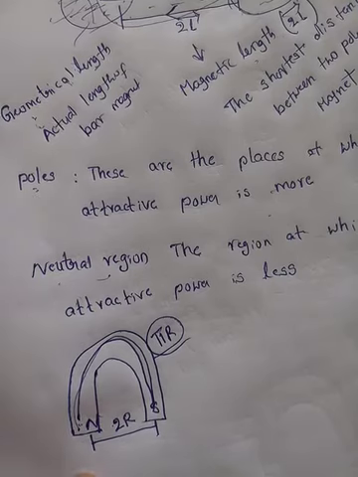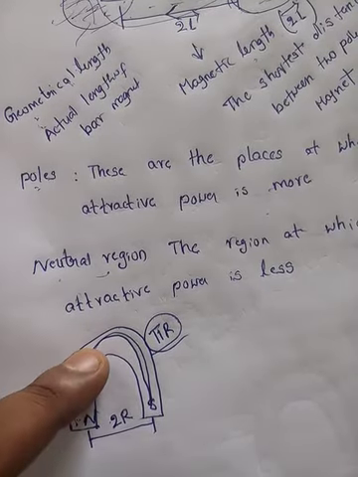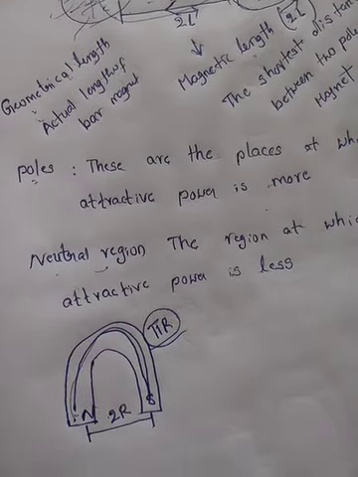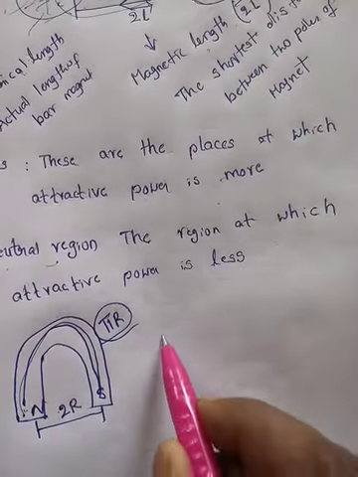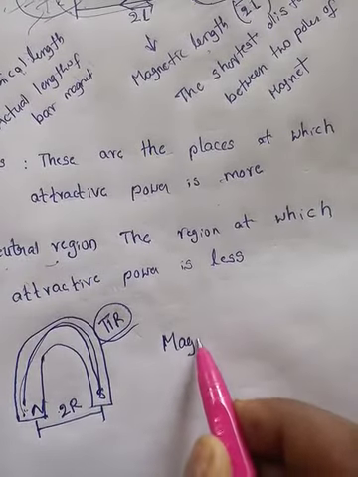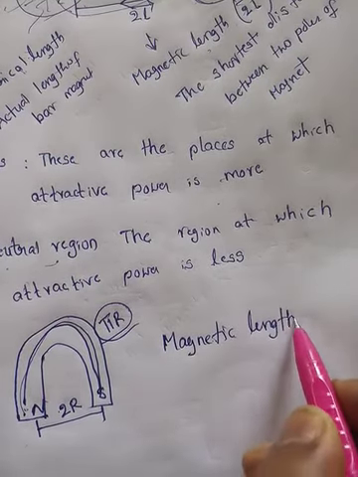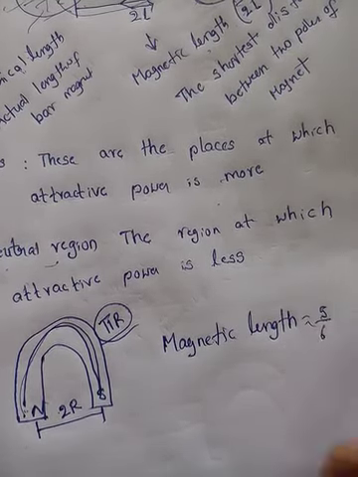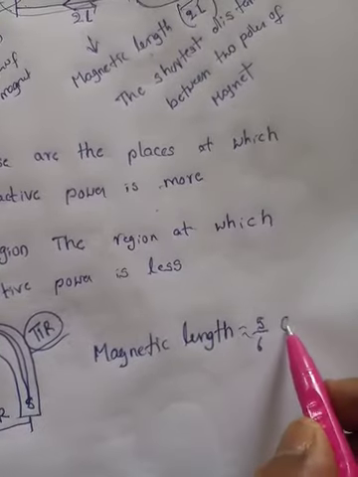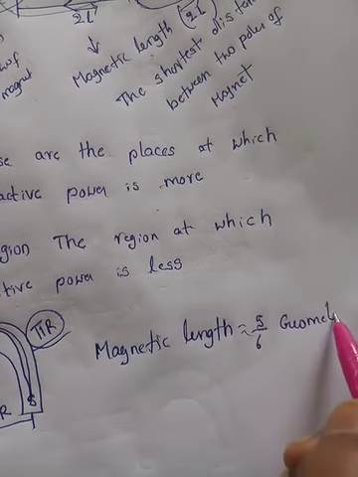So, magnetic length is 2r and actual length is pi r. There is a small relation between these two: magnetic length is equal to 5/6 times the geometrical length.